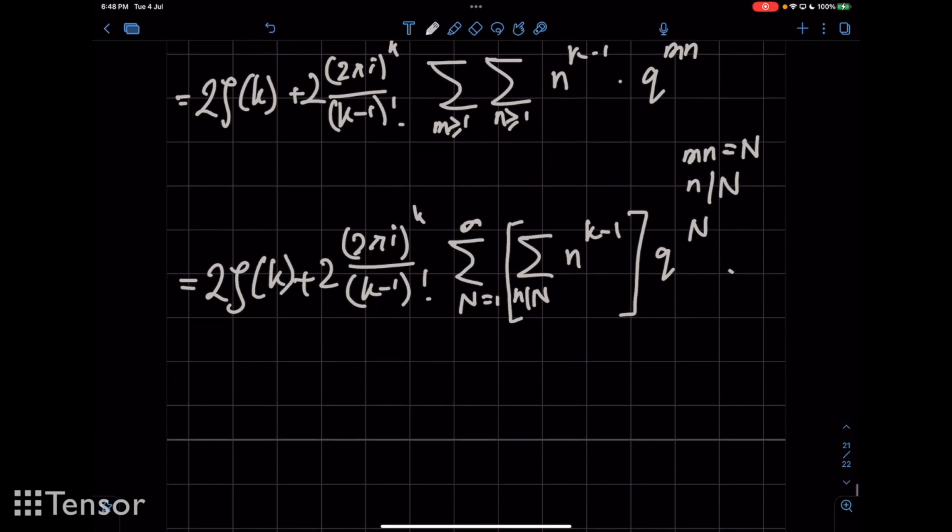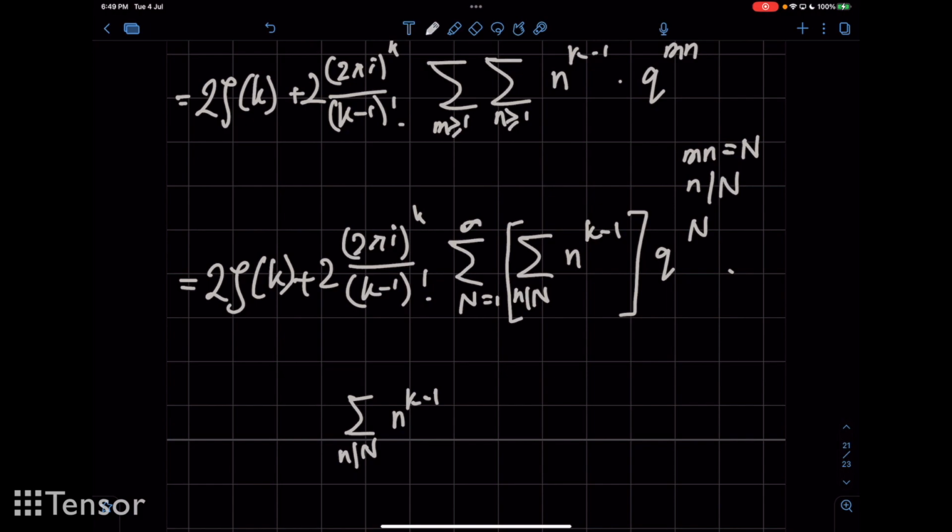And this sum right here, the sum over n dividing N of n to the k minus 1. Is anyone familiar with this sum? This is another divisor function.